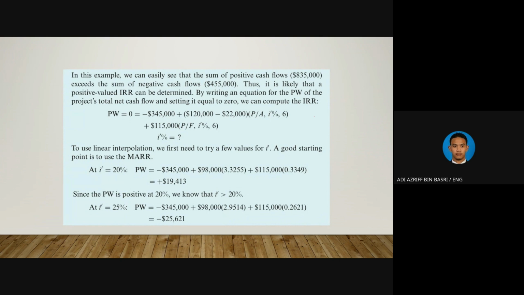Okay, so you will have a negative 345, then you have about 6 years of, okay, this one will be about 120 minus 22.